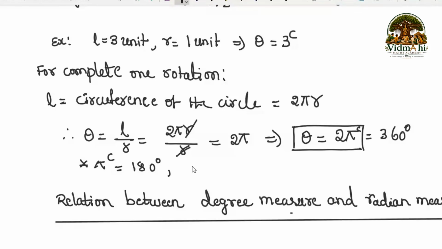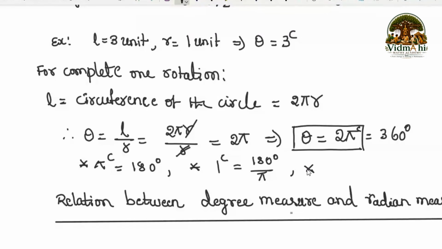And what about 1 radian? Pi radian is 180 degree, so 1 radian is 180 by pi degree.